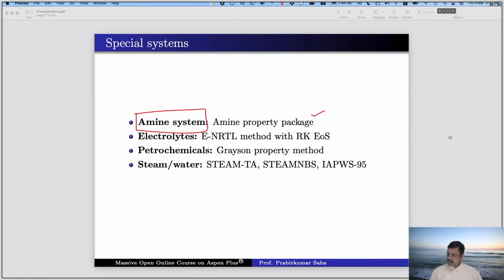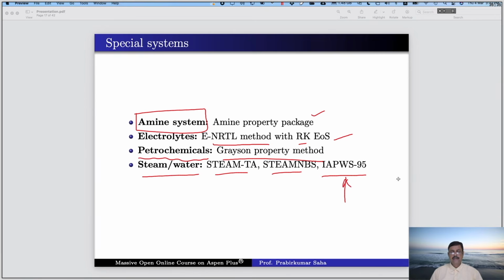For electrolytes, we have a special version of NRTL method that is called eNRTL or ELEC-NRTL package, and that is with Redlich-Kwong model equation of state. We have Grayson property package for petrochemical products, and for steam and water we have steam table, steam NBS, and more recently and more popular it is IAPWS 95 package, that is exclusively for steam and water.